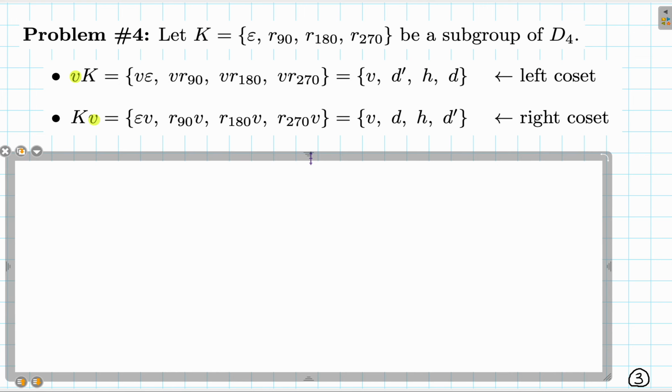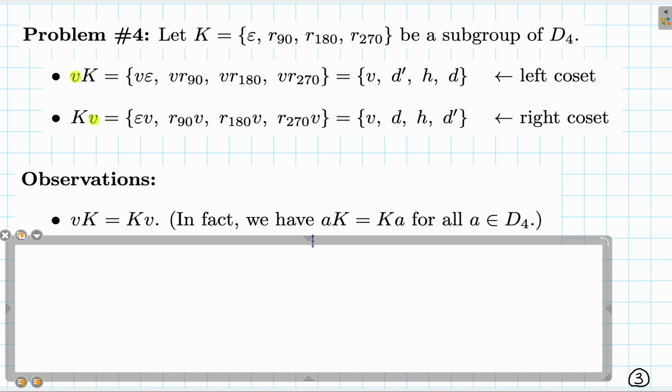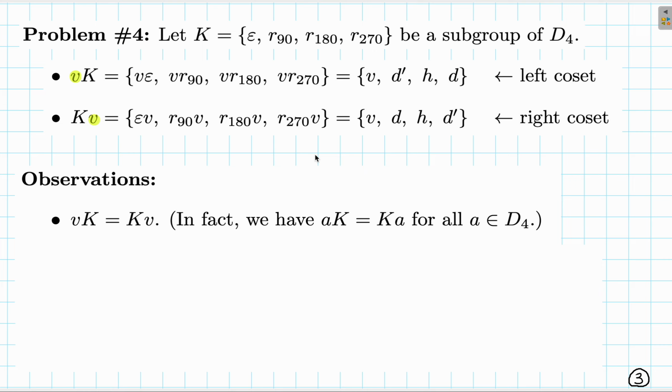So what we notice is that the left and right cosets, VK and KV, are equal. They have the same 4 elements. And in fact, this is true regardless of the coset representative you choose. So we do have AK equals KA for all elements A in D4.